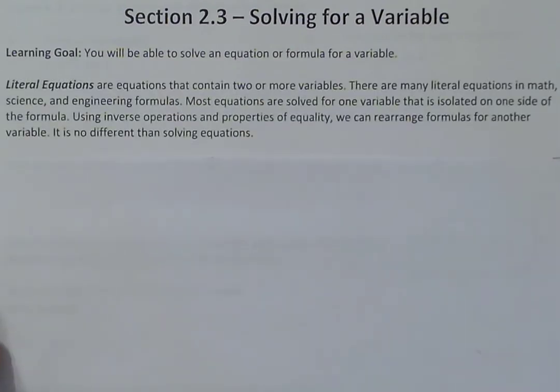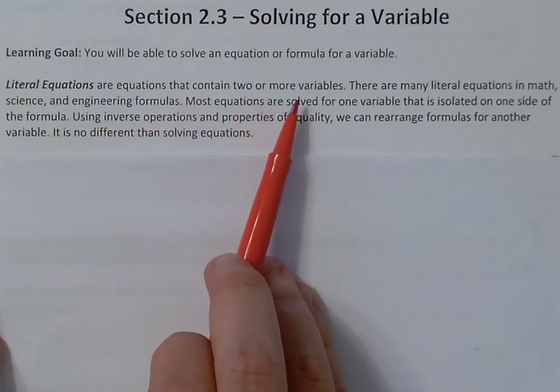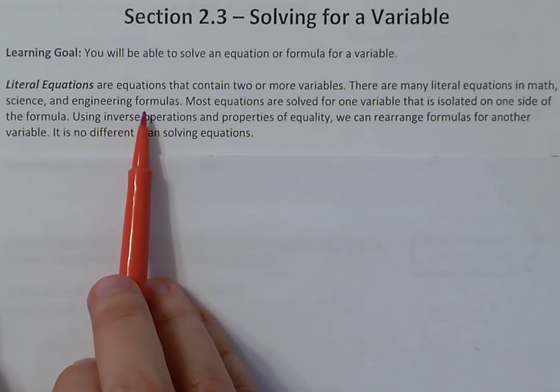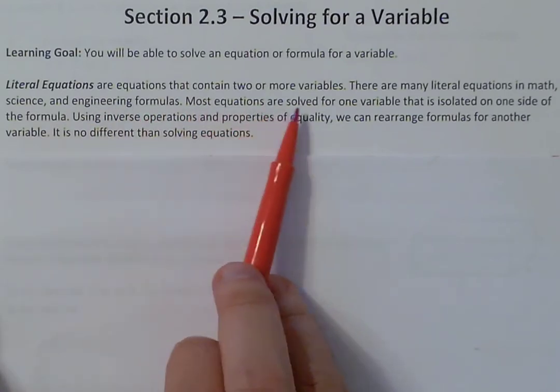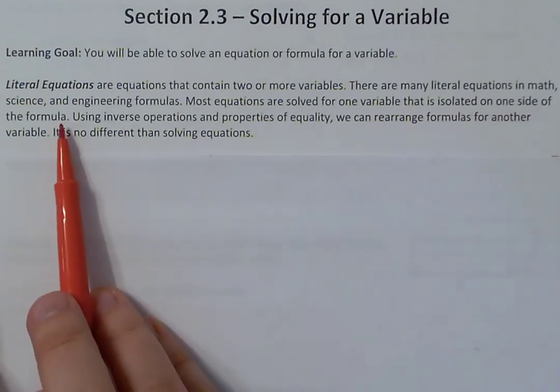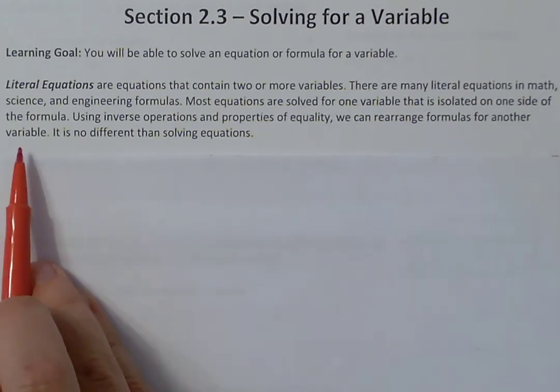Now, literal equations are equations that contain two or more variables. There are many literal equations in math, science, and engineering. Most equations are solved for one variable that is isolated on one side of the formula. We're going to use our solving skills to rearrange the formula to solve it for another variable.